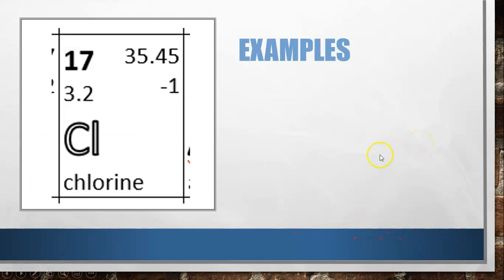So if we take a look at the examples that we have in our notes here, chlorine, rounded atomic mass is only 35. So 35 minus 17 gets you 18 neutrons. Because that atomic number is 17, you've got 17 protons and 17 electrons.